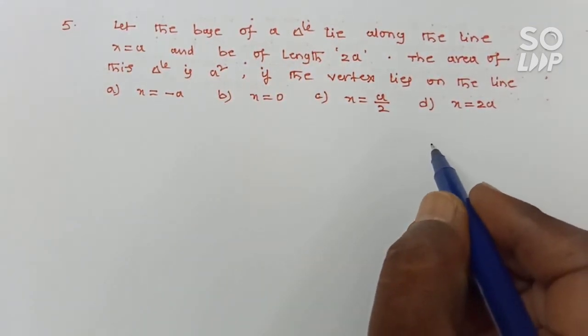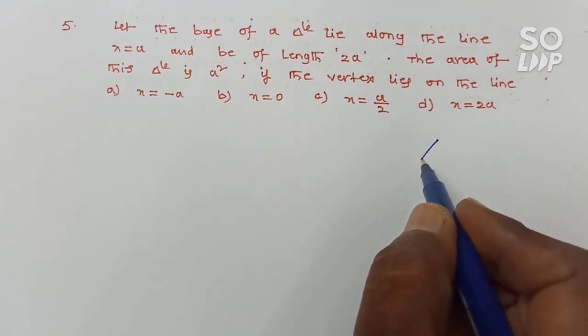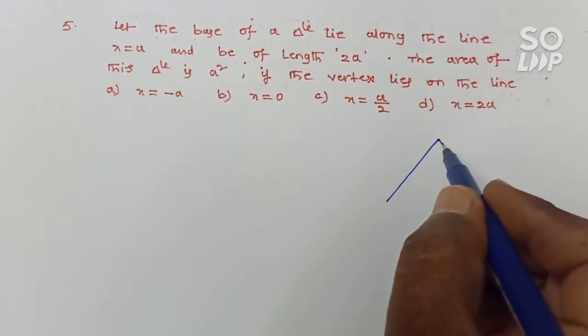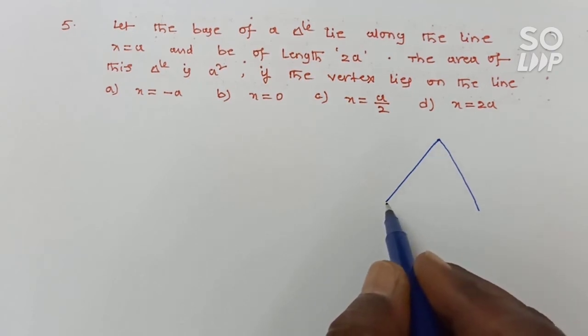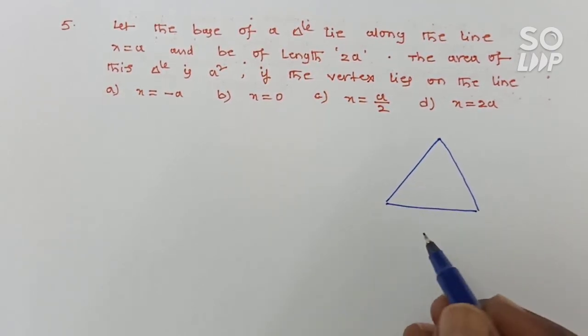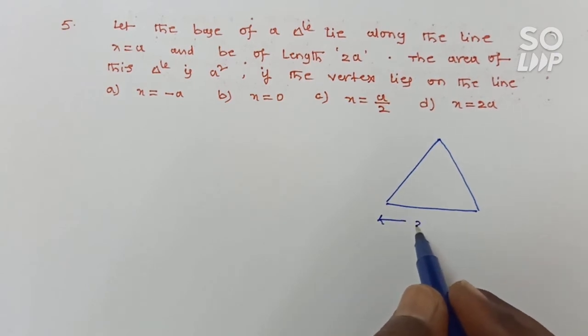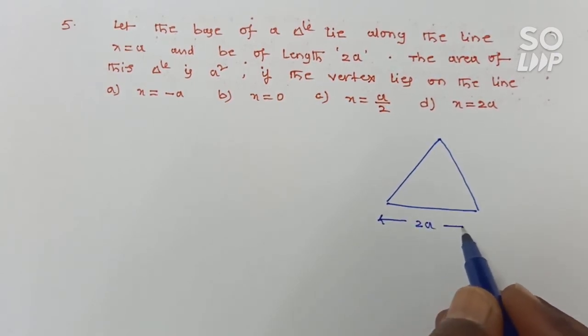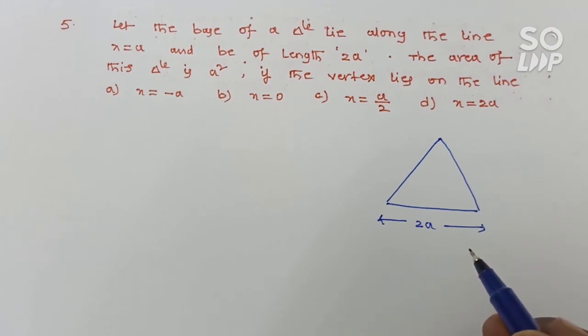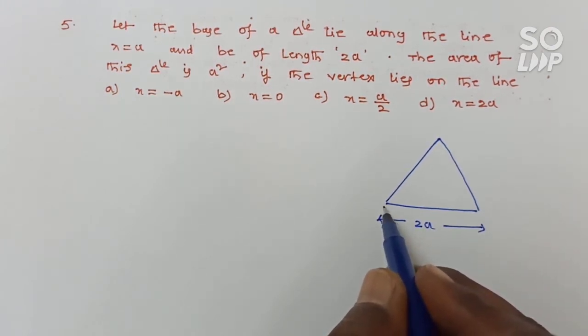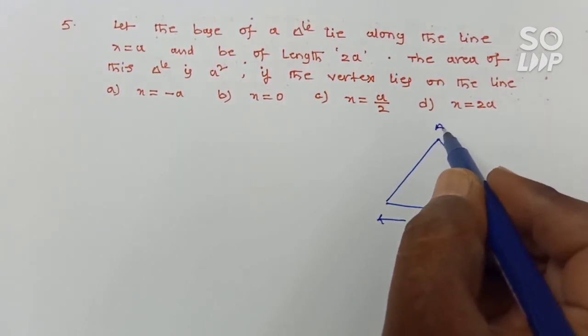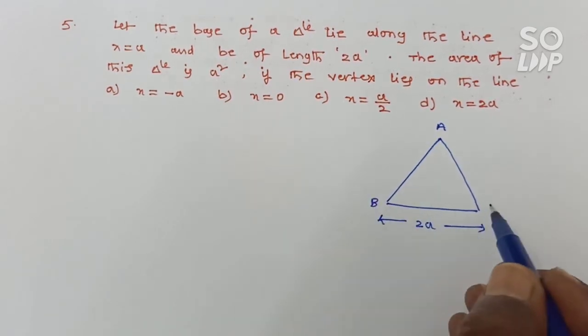Take a triangle. This length is equal to 2a. Now let this triangle be ABC.